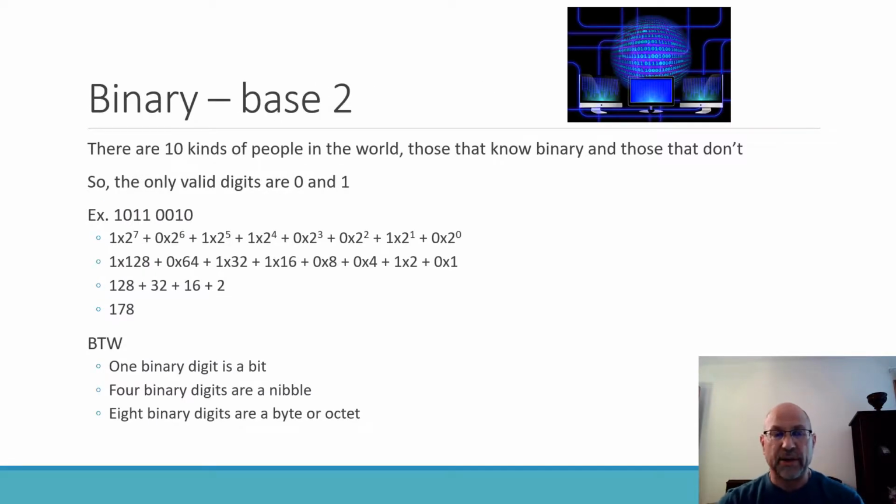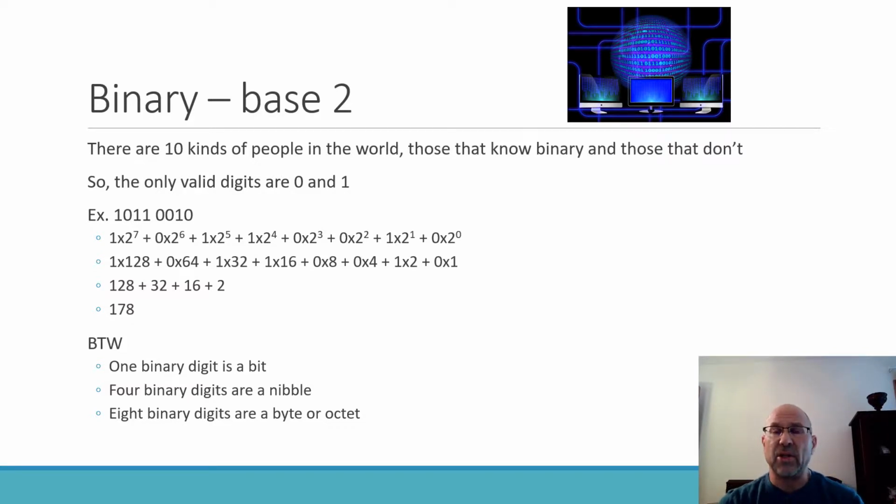Let's try some binary. Now, you've probably all seen that t-shirt. There are 10 kinds of people in the world, those that know binary and those that don't. Well, if you read that as a ten, you're going, but it's actually a 1-0. And so 1-0 in binary, of course, is 2. So in binary, the only valid values that we have per digit are 0 and 1.